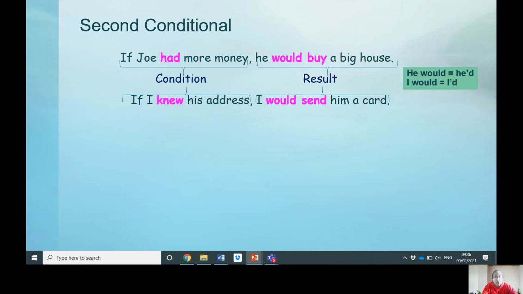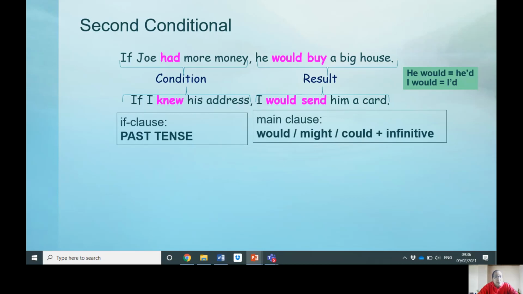We can contract would by using an apostrophe and d. So he'd for he would, I'd for I would. So the first part of a sentence, the if clause, is formed using the past tense, any past tense.